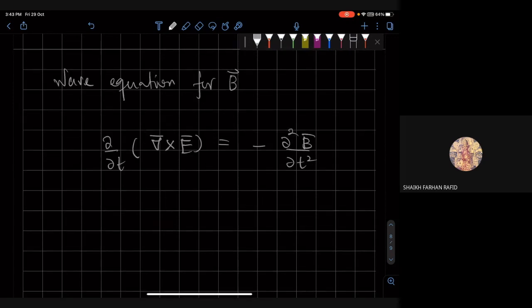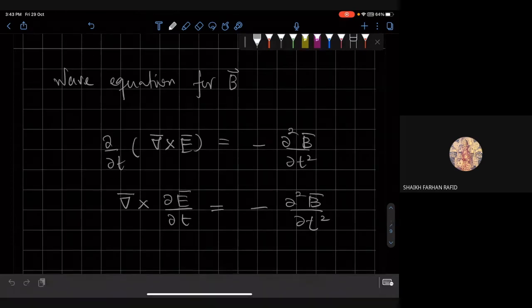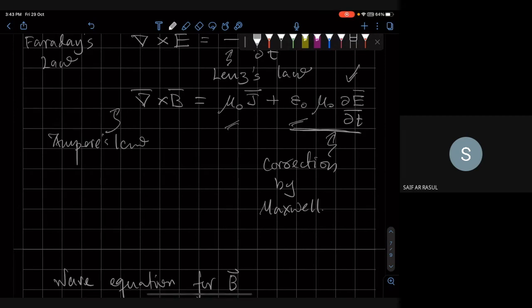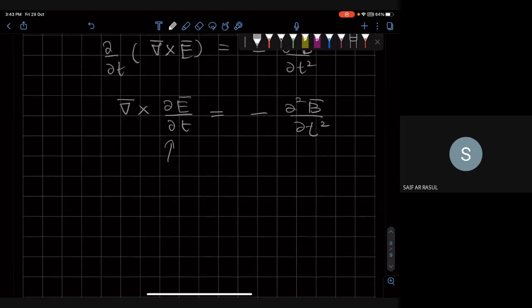Okay. Now I'm going to assume that my electric fields are continuous enough that I can exchange the time derivative and the spatial derivative. So if I do this, then the left-hand side I can write as curl of the time rate of change of the electric field. Okay. And then I can go looking for this in Maxwell's equation, and I will find it here. And therefore, I can replace that.